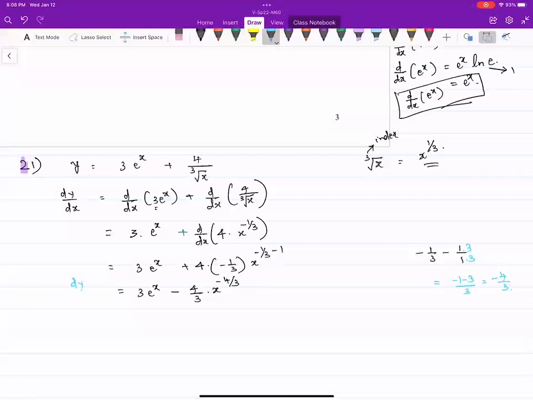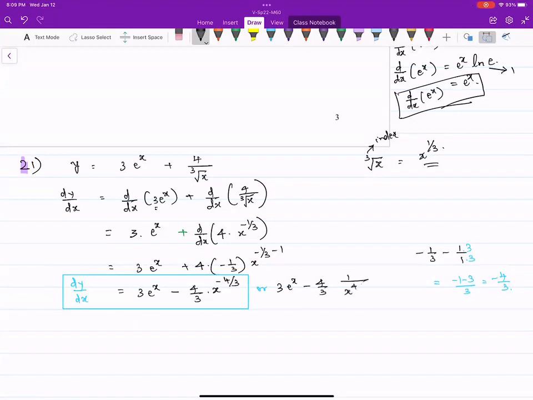So dy by dx for this problem is 3e to the x minus 4 over 3 x to the negative 4/3. We can also write this without the negative exponent, just 3e to the x minus 4 by 3, 1 over x to the 4 by 3. That is one way to write it.